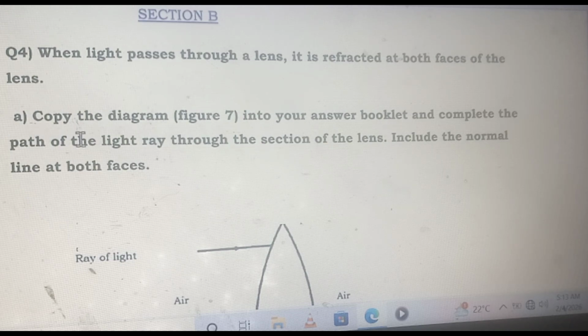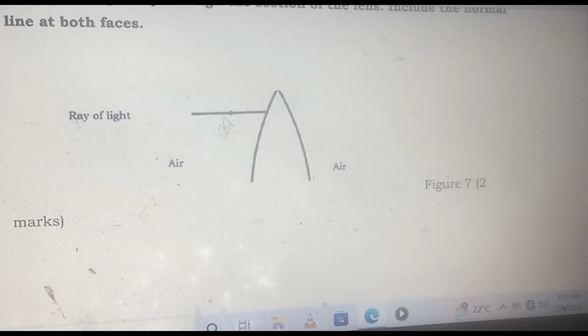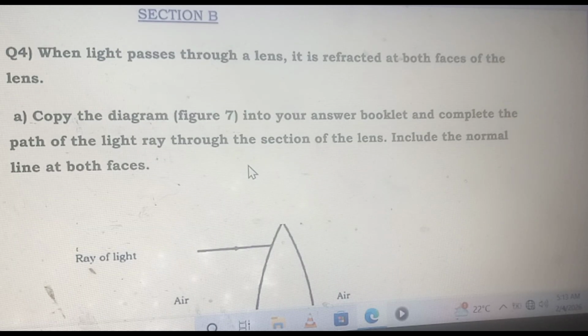The first question: copy this diagram. We copy this diagram as you see and complete the path of the light ray through the section of the lens. The first thing you can see is refraction. Refraction means that the light ray bends from one medium to another.